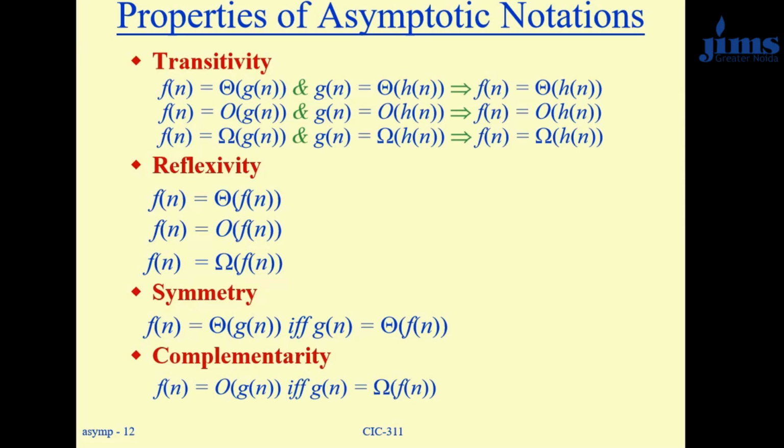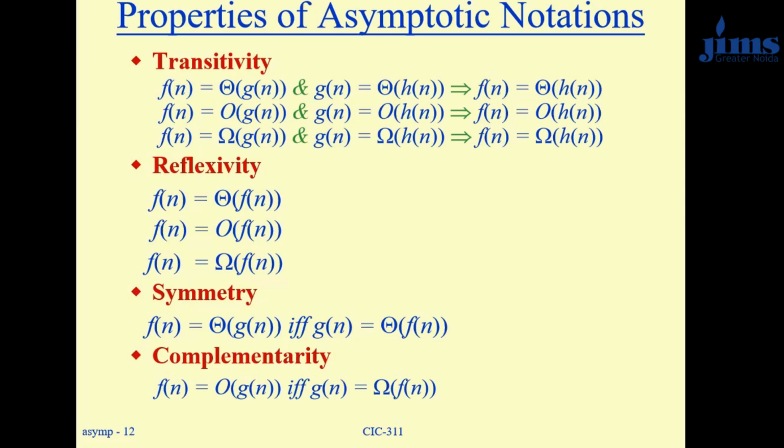Similarly, omega corresponds to less than or equal to, so omega also does not satisfy the criteria of a symmetric relation. Both big O and omega are not symmetric; only theta is symmetric, because theta corresponds to equality in case of degree.